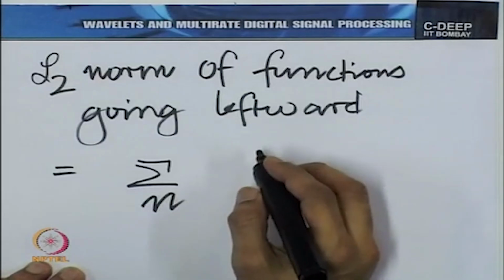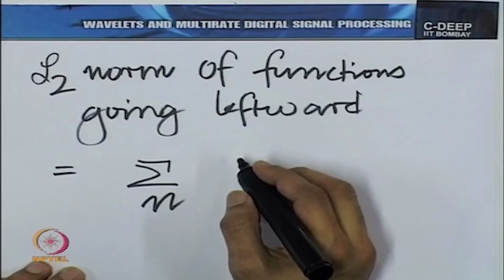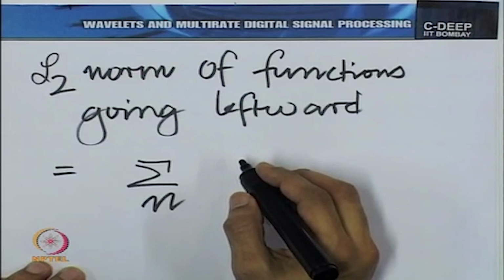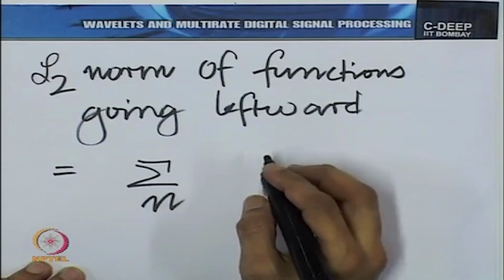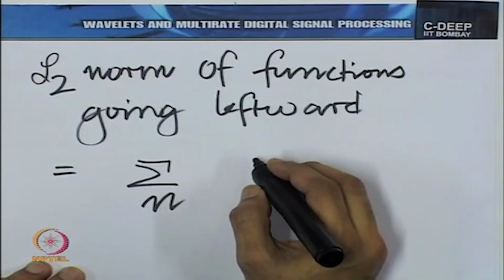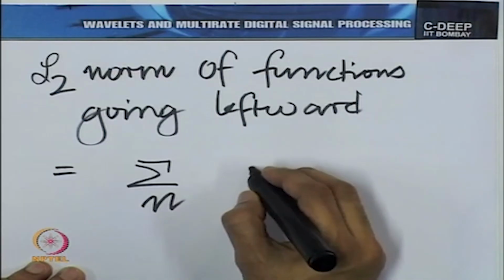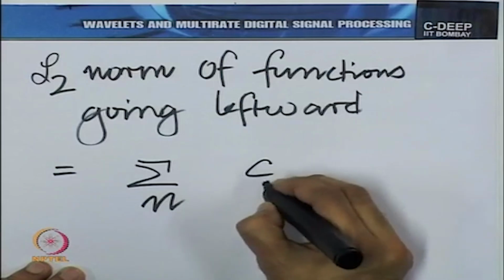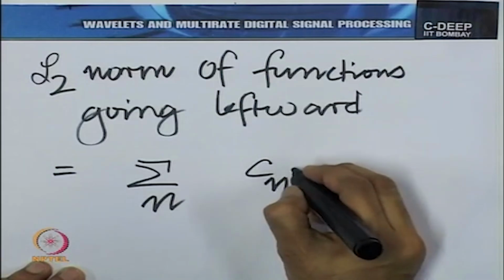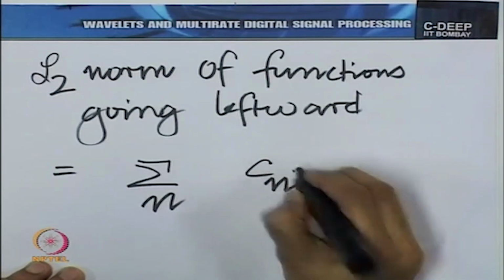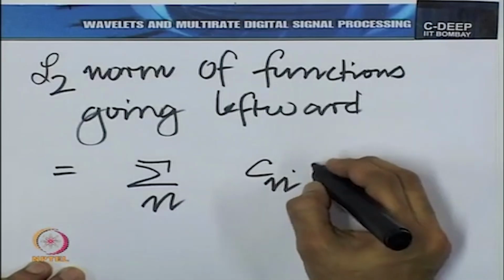Now, you see, remember, the L2 norm is the integral of the absolute squared of the function. And please remember, the function is piecewise constant. So, you have one constant, let us call it C n on the nth interval, and the interval is of size 2 raised to the power minus m.